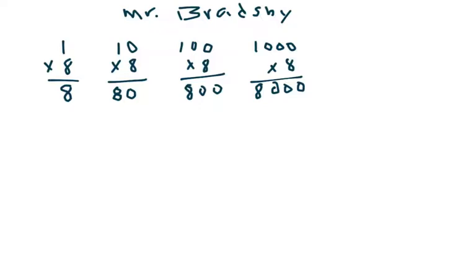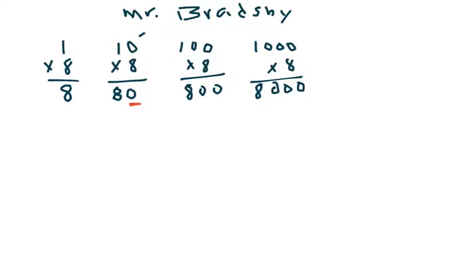Now, that was pretty easy, wasn't it? Well, there's a reason for this. When we multiply by ones, you get ones, no extra zeros, right? When you multiply by 10, which has 1 zero, you get 1 zero in the answer.